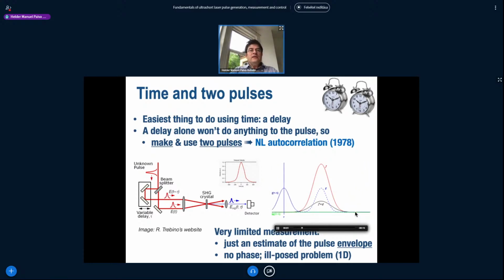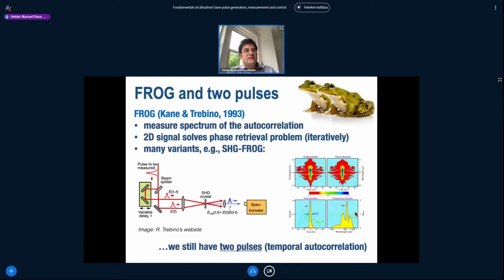Okay, so this was fixed almost 30 years ago with the introduction of a technique called FROG. Okay? FROG is basically very similar to what we just saw, but instead of measuring the autocorrelation, the idea is to measure the spectrum of the autocorrelation. Okay, so instead of getting 1 line, you get a 2D data set called FROG trace, which then, using an iterative numerical algorithm, enables you to find the spectral phase.